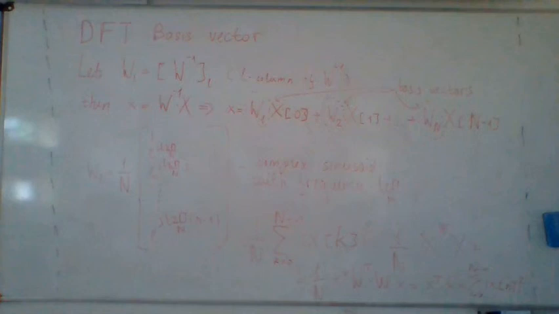All this tells us that W_1, W_2, up to W_N are basis vectors for representing x. From this we see that W_L, as a column vector, is a complex sinusoid with frequency 2πL divided by N.